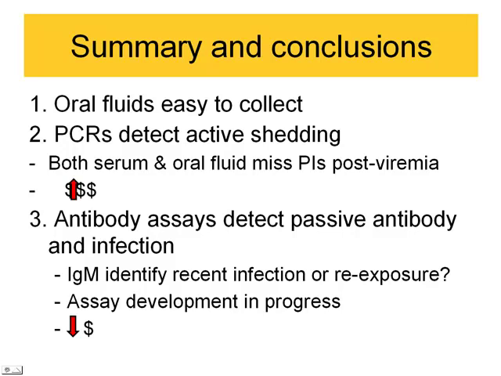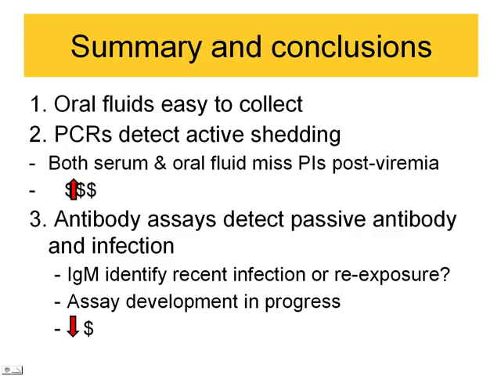So just because it's PCR negative in serum or oral fluid definitely does not mean that the pig is necessarily not harboring PRRS virus. And we know that PCRs are expensive, and we want to get away from those as much as we can to lower our cost of diagnostics. However, it's a good tool for us to have as well.